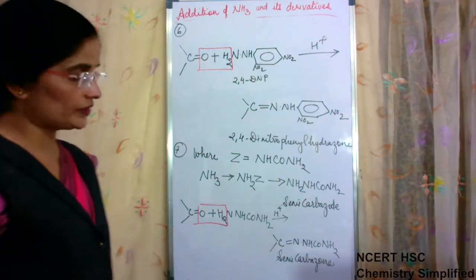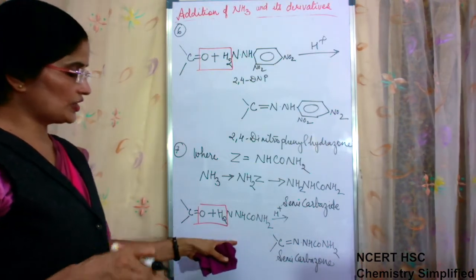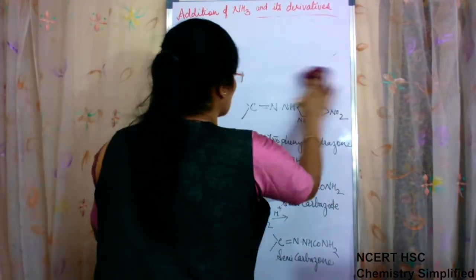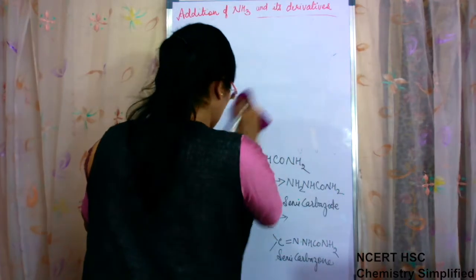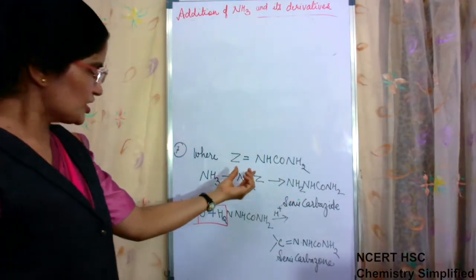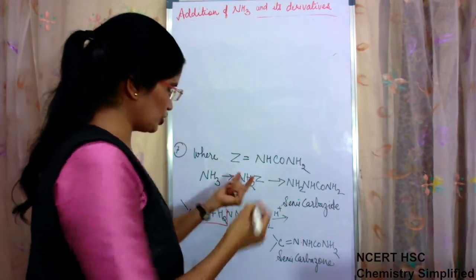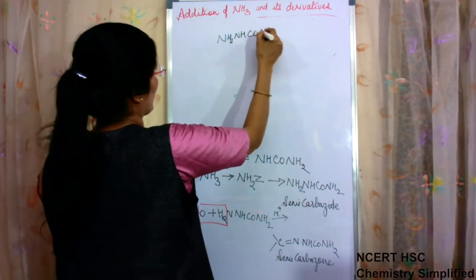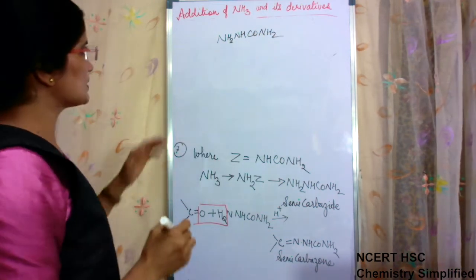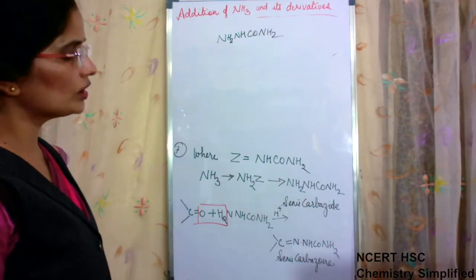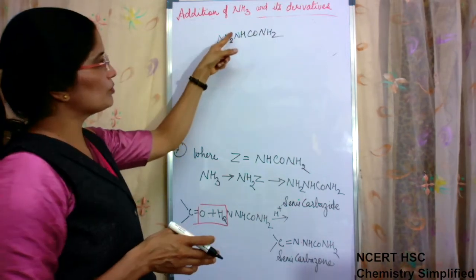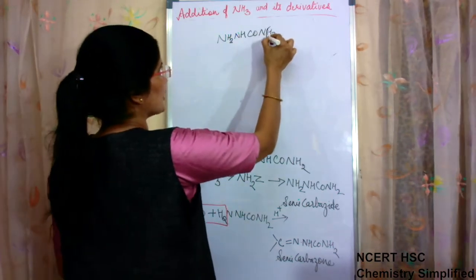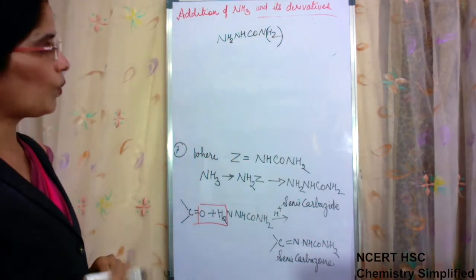Now the last reaction which we have done is such that many times you make a mistake in finding the product of this reaction. So why do you make that mistake? Let me tell you. In this group, when you have added it to the NH2 group, NH2, NHCO, NH2, this is the complete semicarbazide group which is going to attack the aldehyde or ketone. But by mistake, sometimes you remove these hydrogens as water to be eliminated.